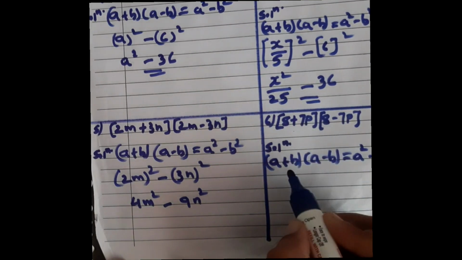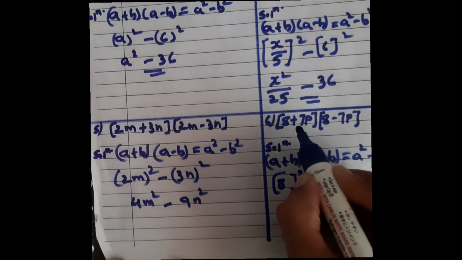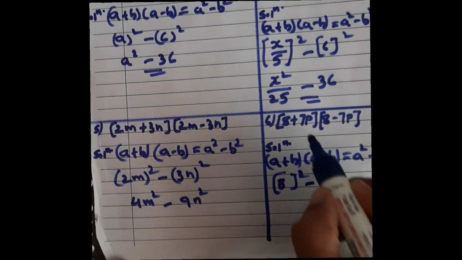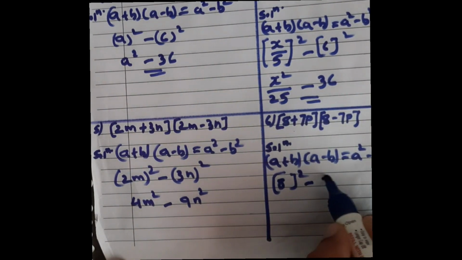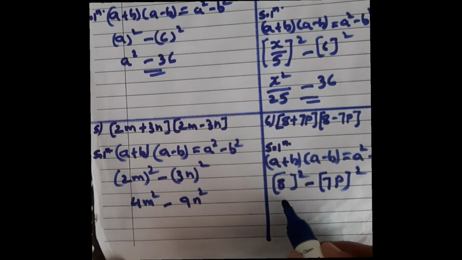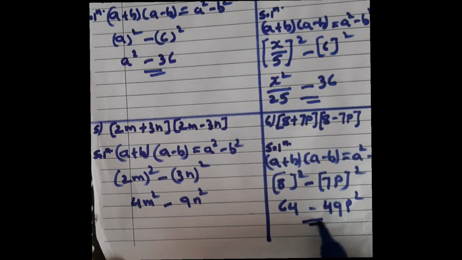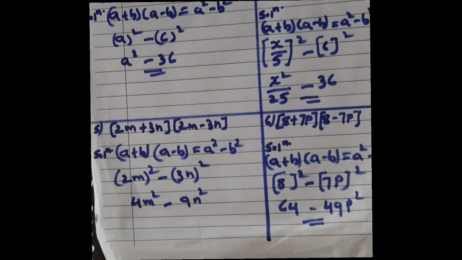So 8 into 8 we will multiply, 8 whole square, plus into minus, minus 7p into 7p, 7p whole square. 8 8s are 64, 7 7s are 49, p whole square means p into p, p square. So 64 minus 49p square.